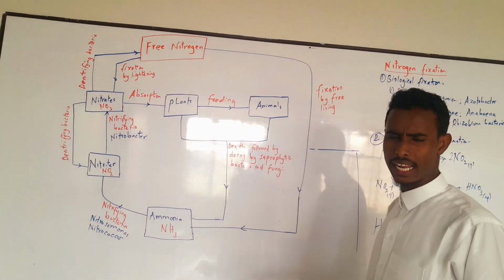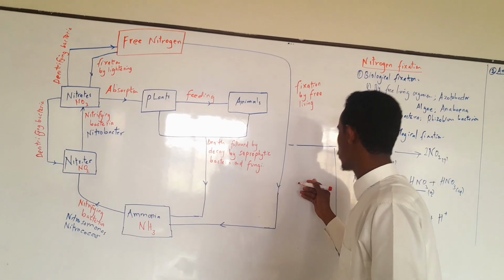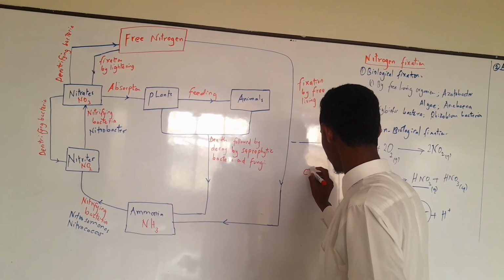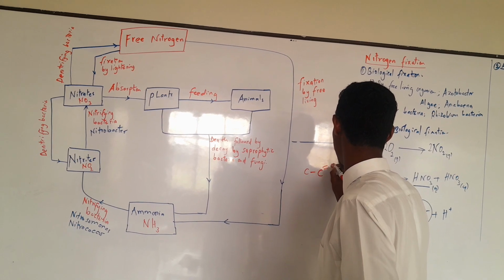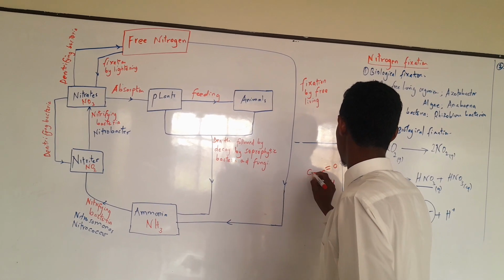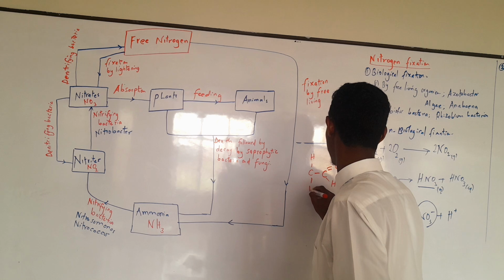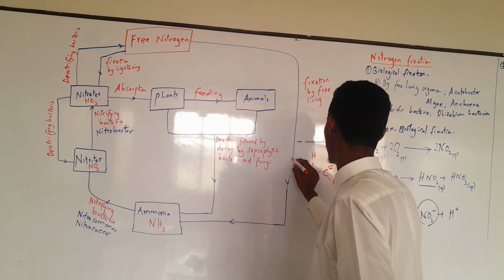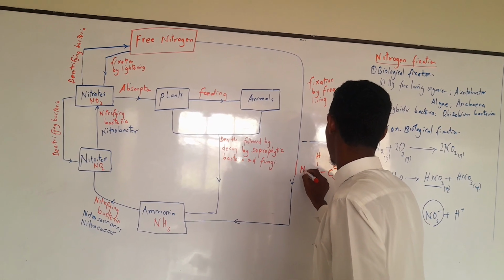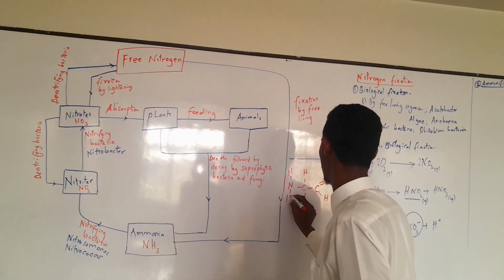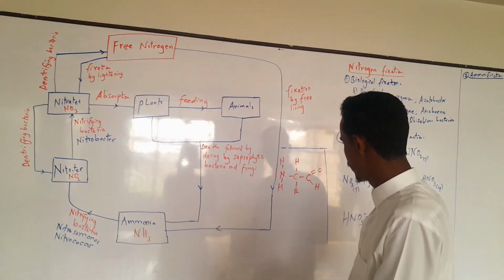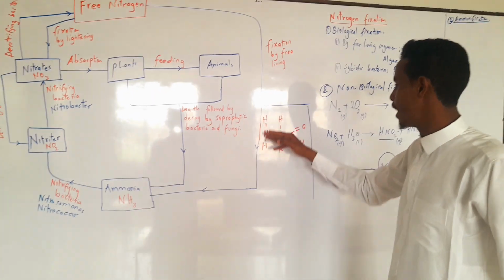And if you analyze, the amino acid is made up of a carboxylic group, an R group, and an amino group. Now, this is the structure of an amino acid.